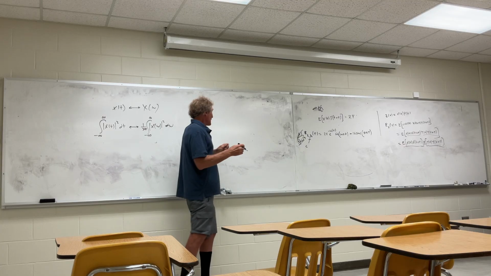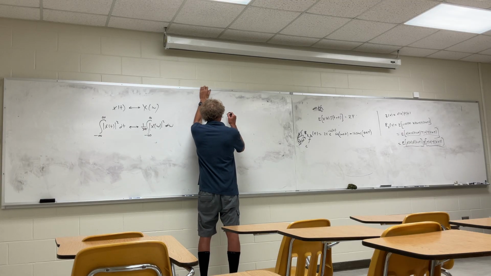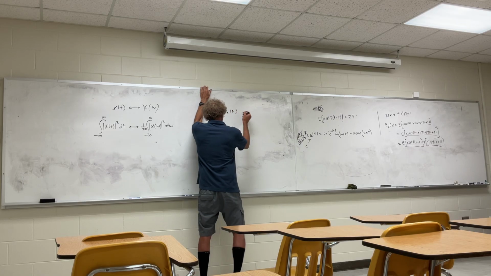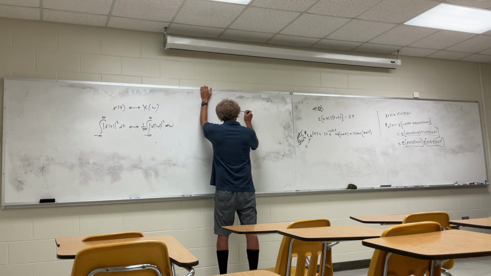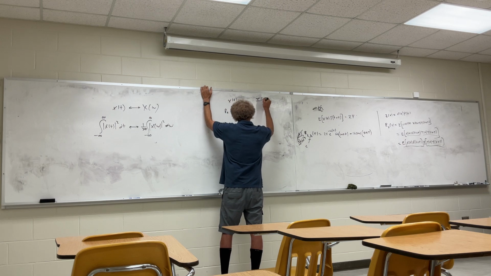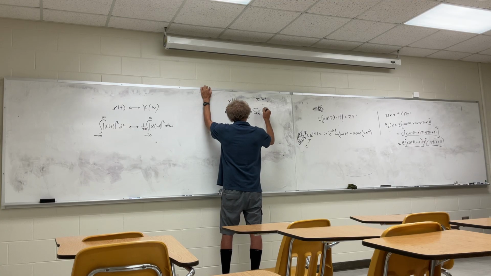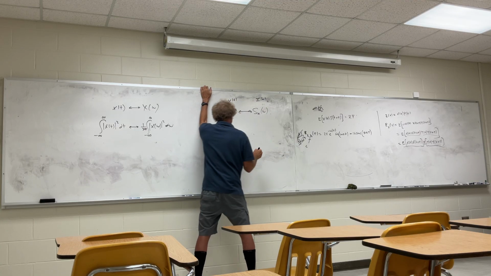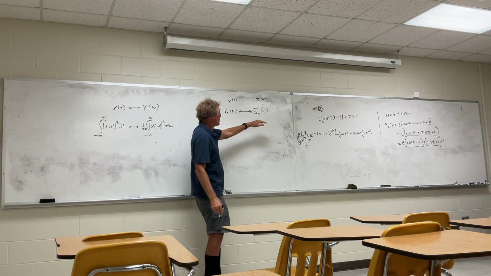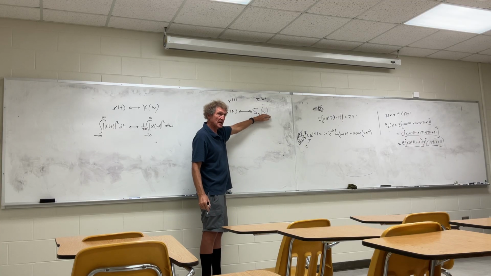So, if you have the autocorrelation function of tau, and you take the Fourier transform of this, we'll call this capital X of omega. This is called the spectral density function, and I'm going to do it with omega. I'm assuming if I have this, I can take the Fourier transform. You all with me, class?